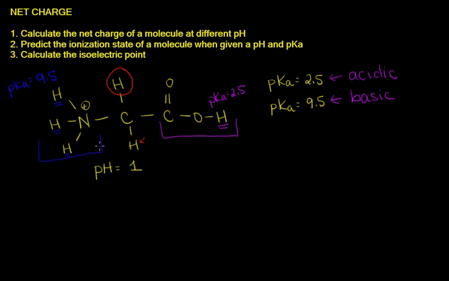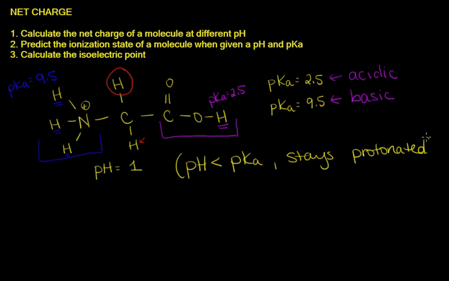So what does the pKa really mean in terms of pH? So at this particular pH, we can see the protonated state is that the base has all of its protons, the acid has its protons, and the pH is less than the pKa, so everything stays protonated. Nothing has left. That's the rule.